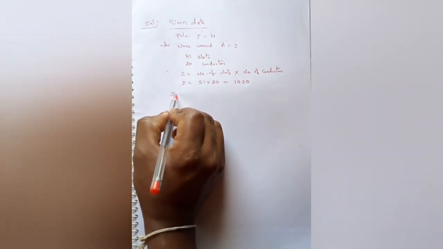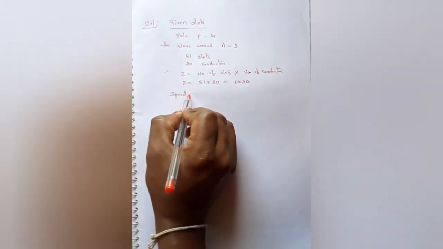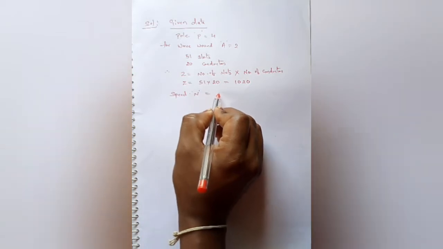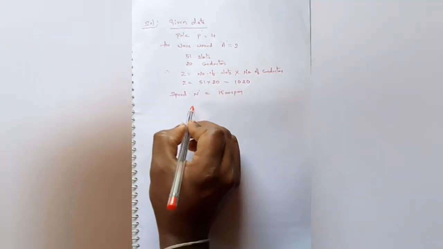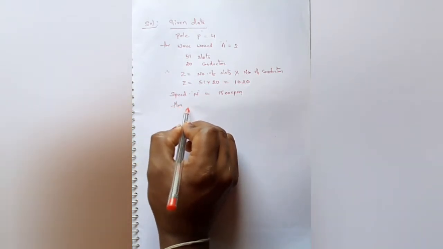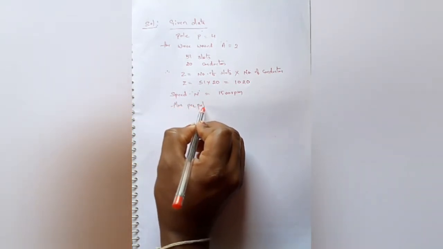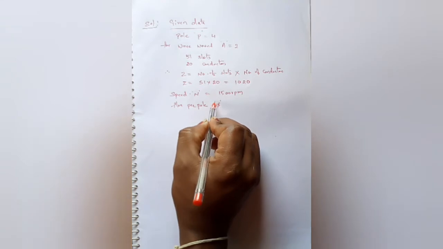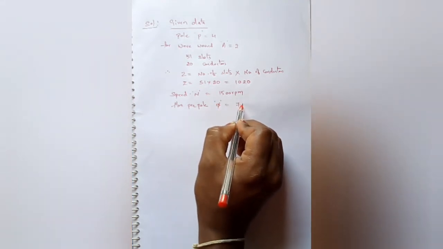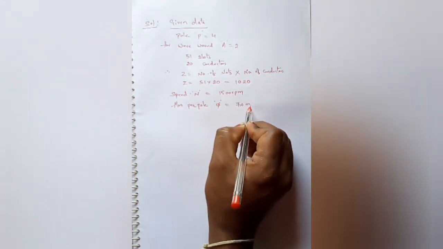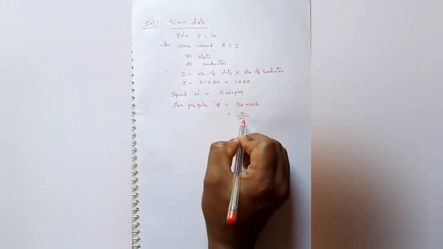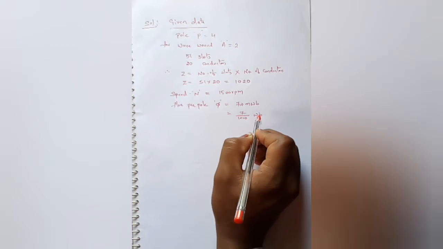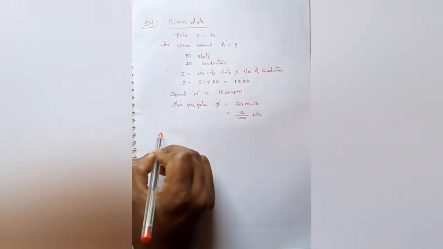Then speed N is equal to 1500 rpm, and flux per pole phi is equal to 7.0 milliwebers, that can be written as 7 by 1000 webers. We are writing milli is equal to 1 by 1000.